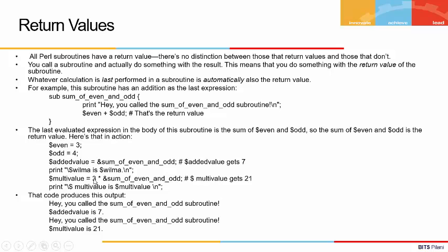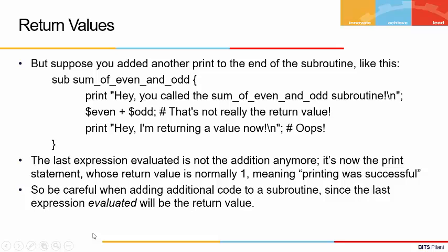Now 7 is multiplied by 3, and the variable multi-value will get the value of 21. This is what actually gets printed. After printing, you have the added value as 7 and the multi-value as 21.